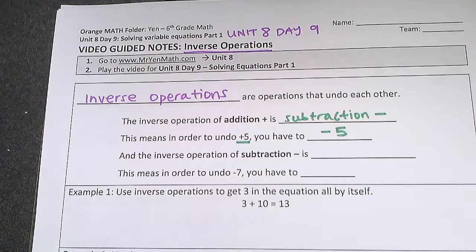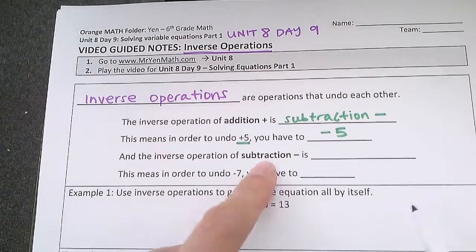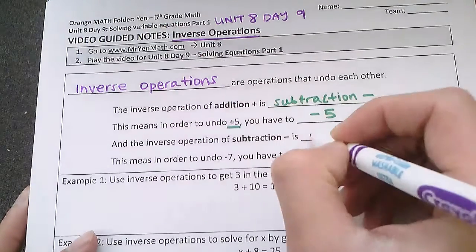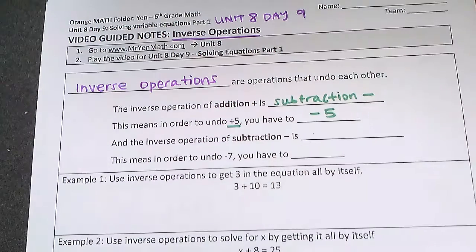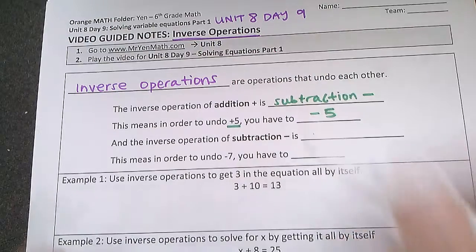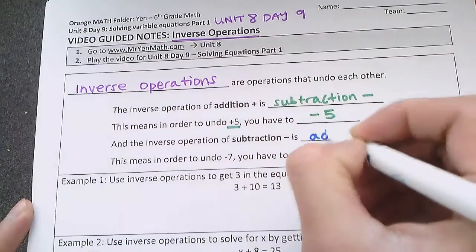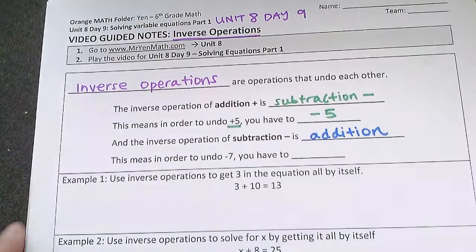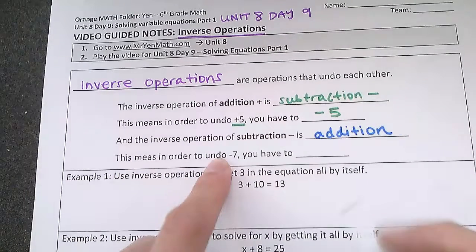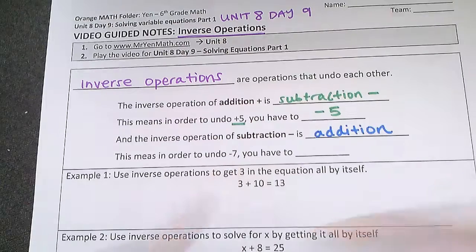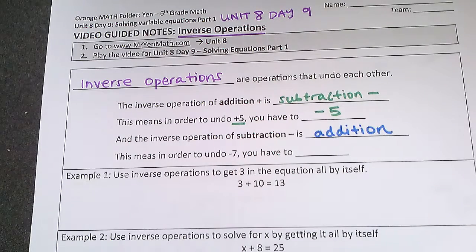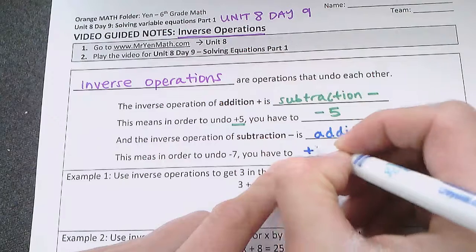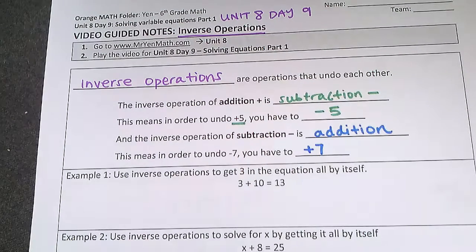And the inverse operation of subtraction, so like the opposite of subtraction, is addition. This means in order to undo minus 7, so if you take 7 away, the way to undo that is to add 7, or plus 7.